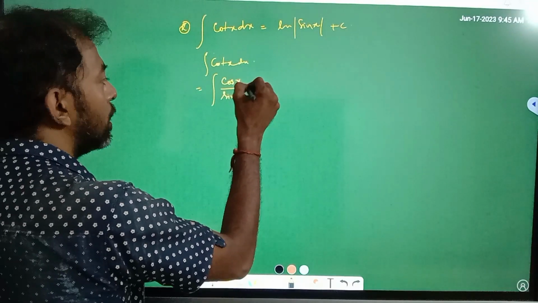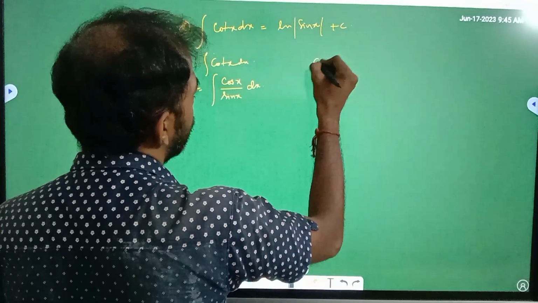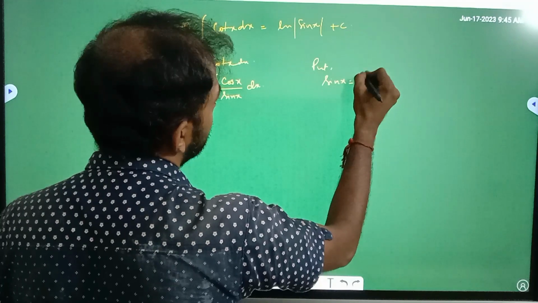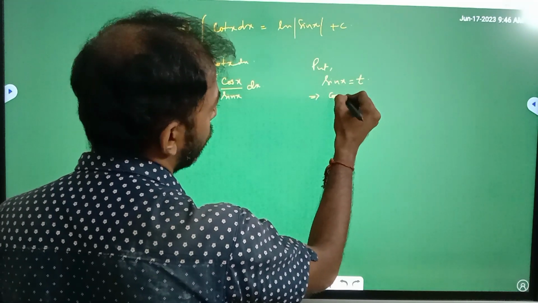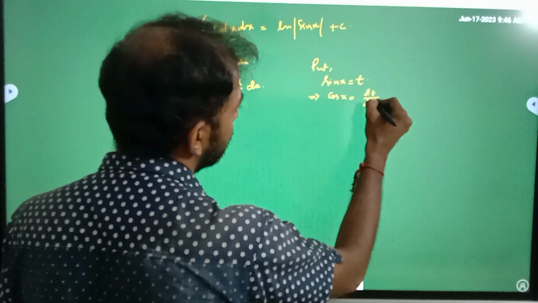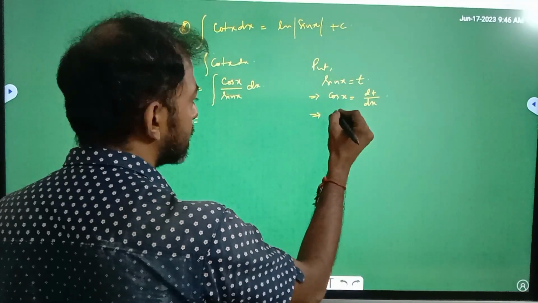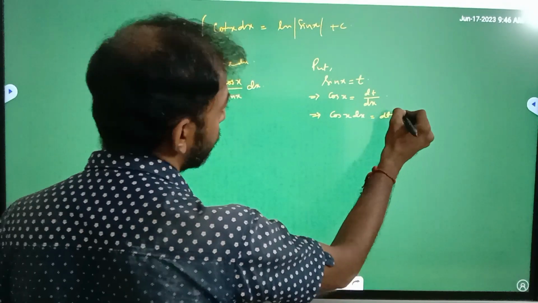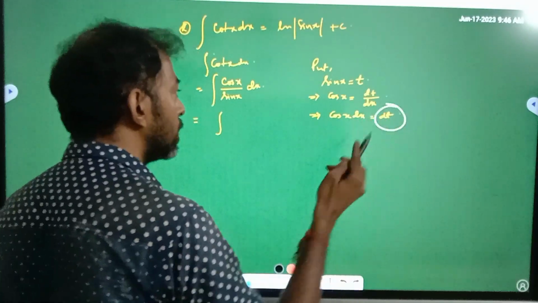After that, we put sin x equals t. If sin x equals t, the derivative of sin x is cos x, and the differentiation of t will be dt by dx. So cos x dx is clearly dt.